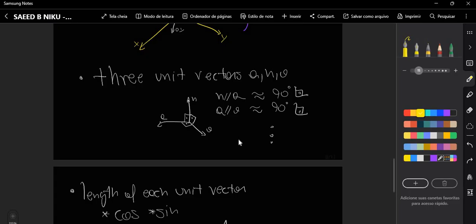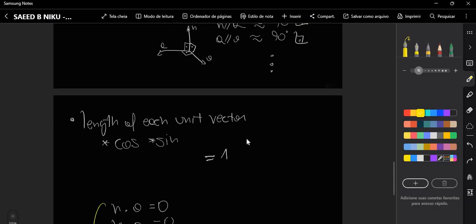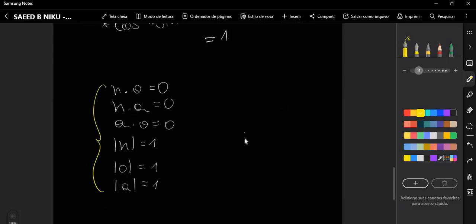What that means is that the sentence is telling us that those 3 vectors which form the system of reference, N, A and O, are orthogonal between them, and this other statement is saying that the length of each unit vector must be equal to 1.